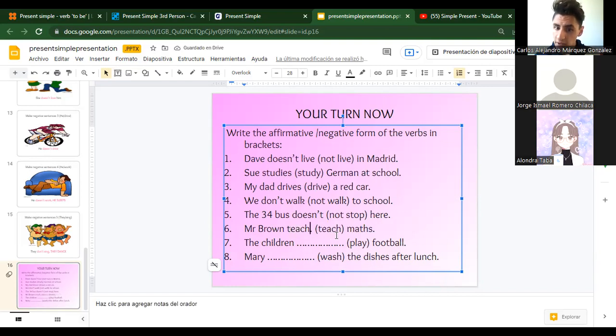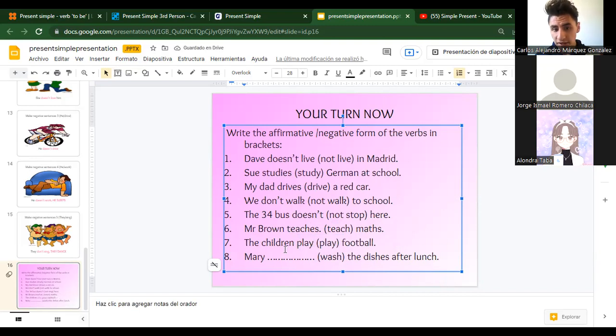This verb finishes with CH, so we add ES, okay? Mr. Brown teaches math. The children play football.